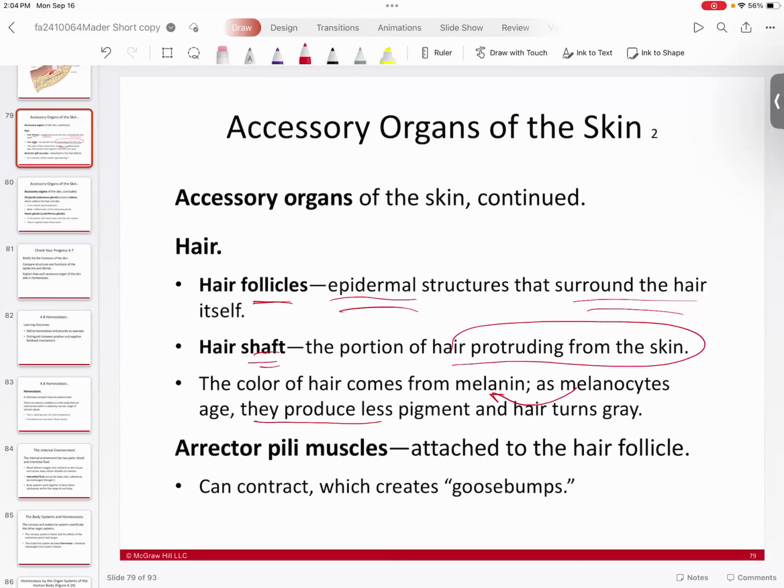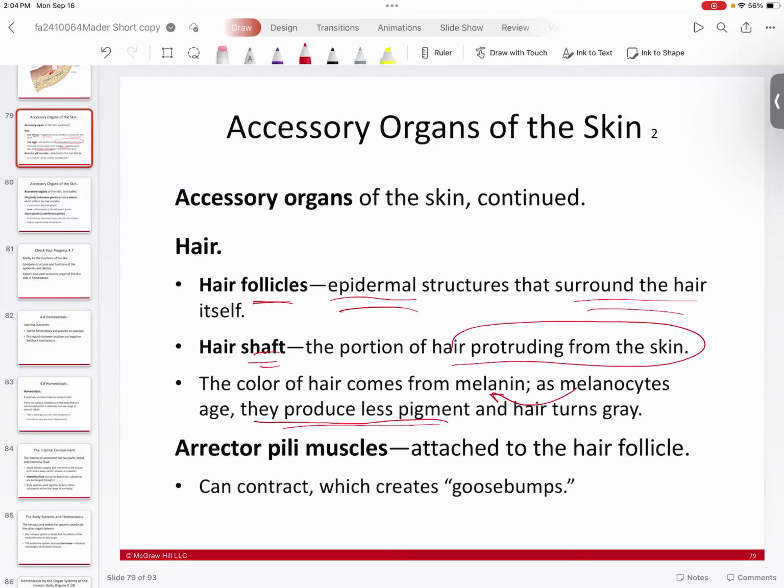as they age, these melanocytes start to produce less pigment, and eventually they don't produce any pigment at all, and that causes the hair to turn gray. As a matter of fact, I read a really good article where they figured out exactly why gray hair occurs. Melanocytes are regenerated by a group of stem cells that constantly divide and replace old melanocytes that die off as they've reached their shelf life.